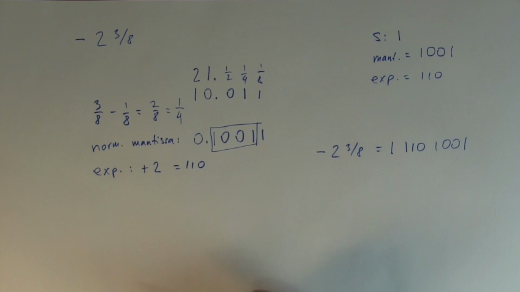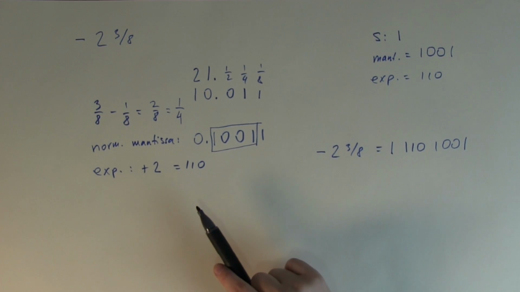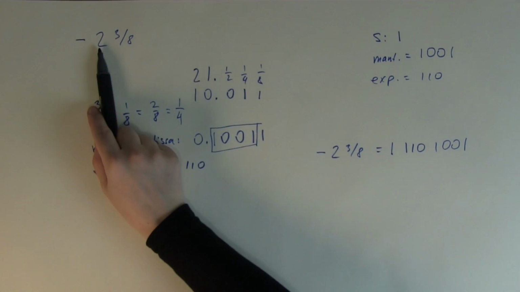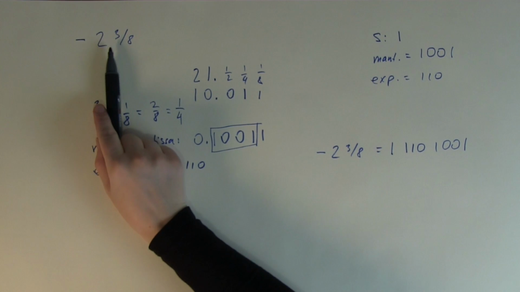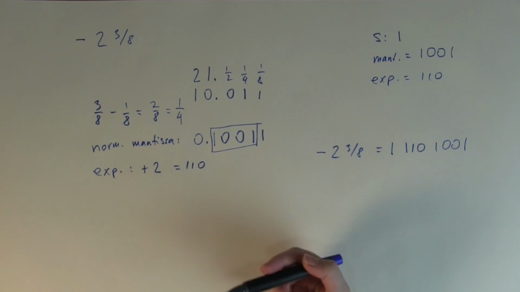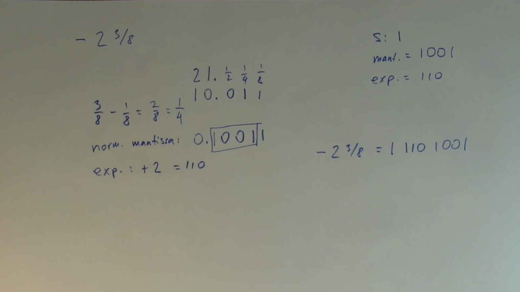So this is already showing you the limitations of the 8 bits floating point notation. This is a very small notation, so numbers like minus 2 3/8 cannot be represented exactly. So the computer therefore uses a lot bigger notation. Let's look at the next example.